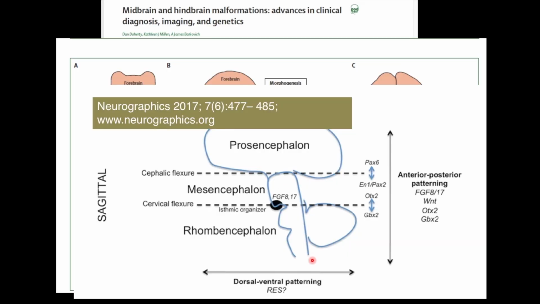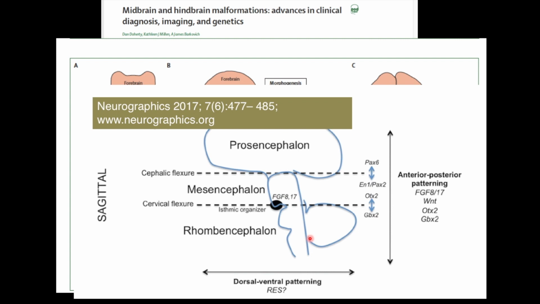By the fourth week of gestation, the developing brain has 3 vesicles and 2 flexures: the prosencephalon, the mesencephalon, and the rhombencephalon, and the cephalic as well as the cervical flexures. The rostrocaudal growth of the brain, as well as differentiation of its different structures, as well as the relative length of these brainstem structures, depend on the anterior-posterior or craniocaudal patterning of the brain.